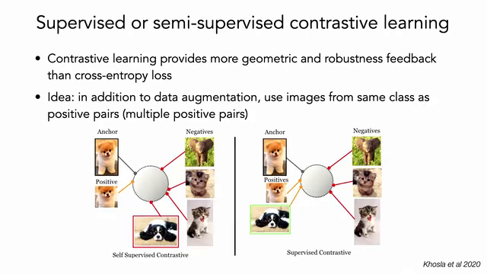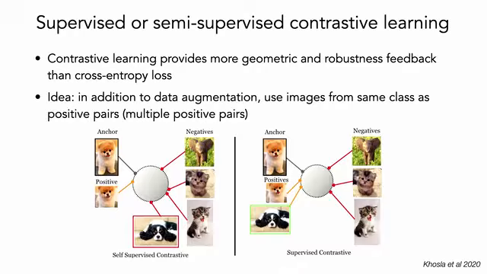So there are a lot of people who've looked at how we can leverage some supervision, maybe not requiring all the points to be labeled, but if you have labels for some of them, how we can look at supervised or even semi-supervised contrastive learning. Here, the idea is that having the contrastive learning signal, that SSL signal, you get some more geometric and robustness feedback than if you just do cross-entropy loss.